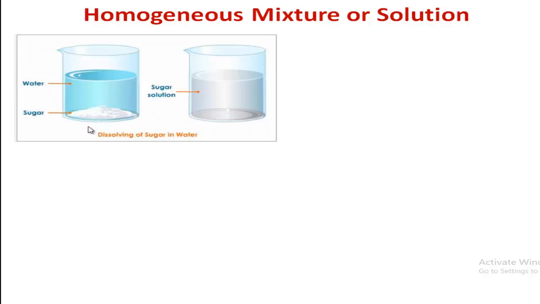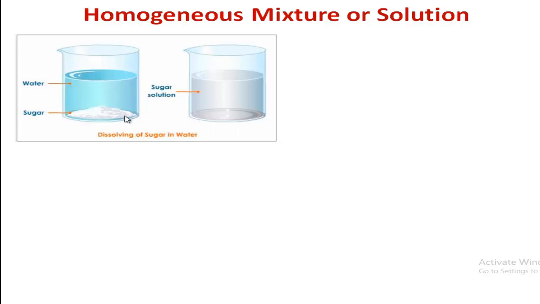Today we will know more about this homogeneous mixture. Follow the picture. Here sugar is mixing with water and prepared a homogeneous mixture solution, that is sugar water solution. So how can we prepare this solution?